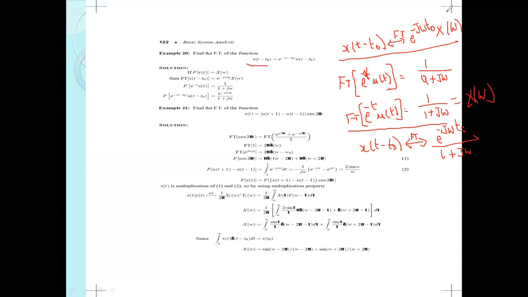Okay, so substitute X of omega as 1 by 1 plus j omega, and it is shifted by t naught samples, multiplied with the negative exponential with that t naught. So the Fourier transformation of e power minus (t minus t naught) into mu of (t minus t naught) is e power minus j omega t naught by 1 plus j omega. That is the Fourier transformation.